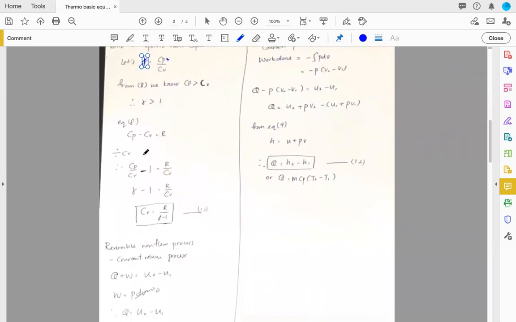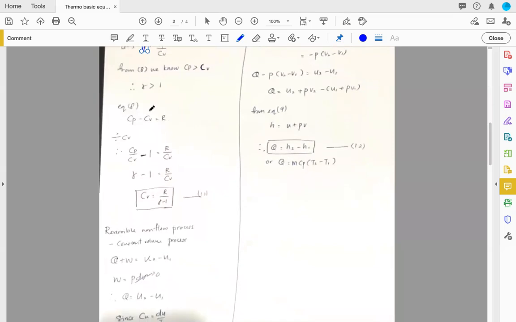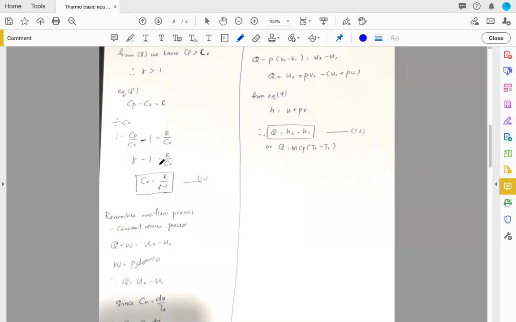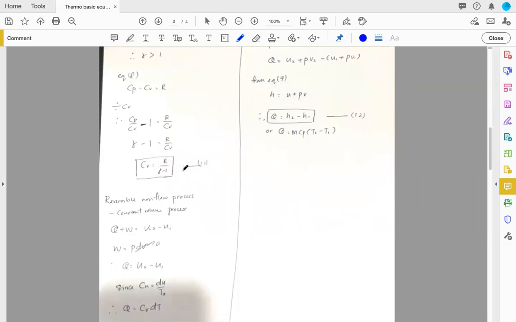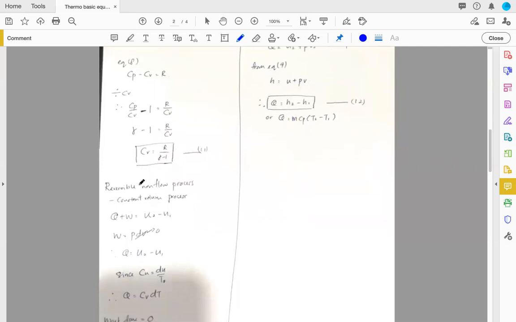Okay, so we play around with equation 8. We try to divide by Cv. We have Cp over Cv minus 1 equals R over Cv. And then we play around with the position. We can have equation 11, which is Cv equals R over gamma minus 1.